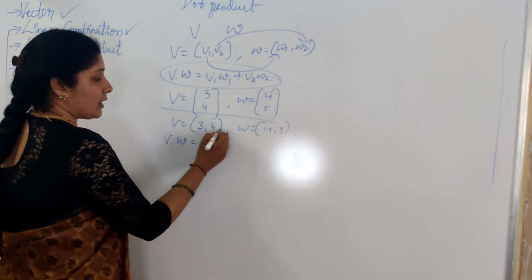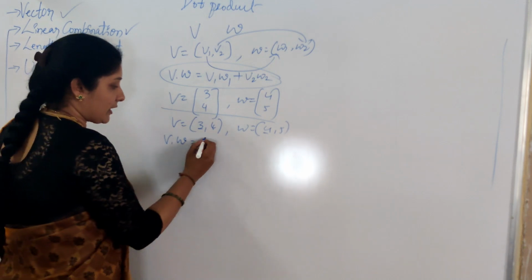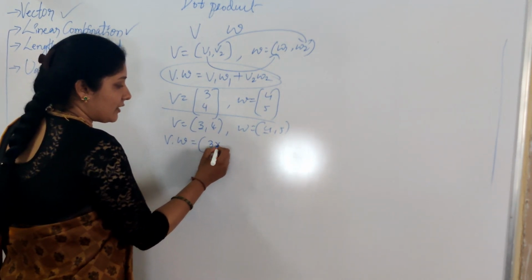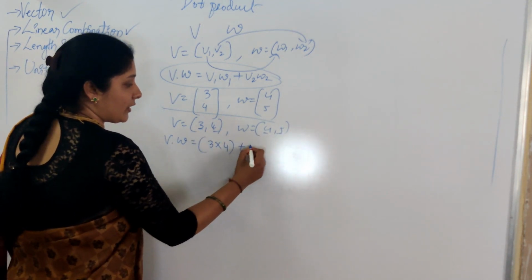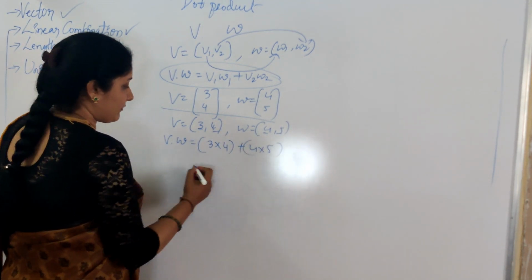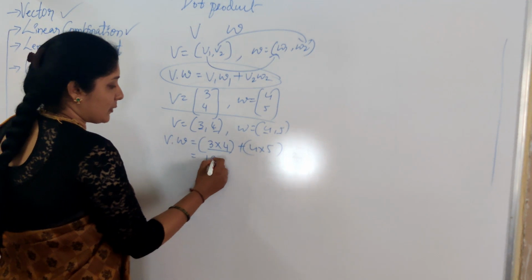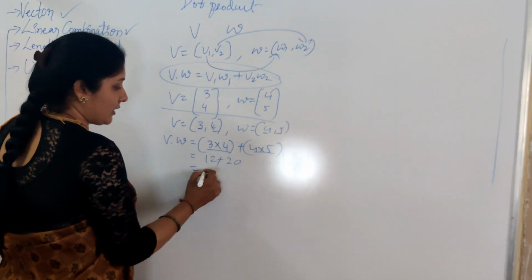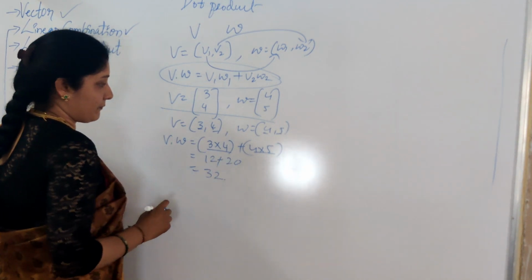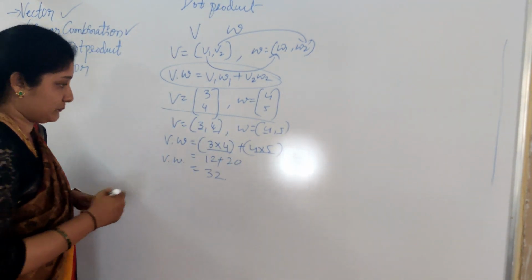That is equal to multiplication of corresponding elements. So that is 3 into 4 plus 4 into 5. So that is 12 plus 20. That is equal to what? 32.